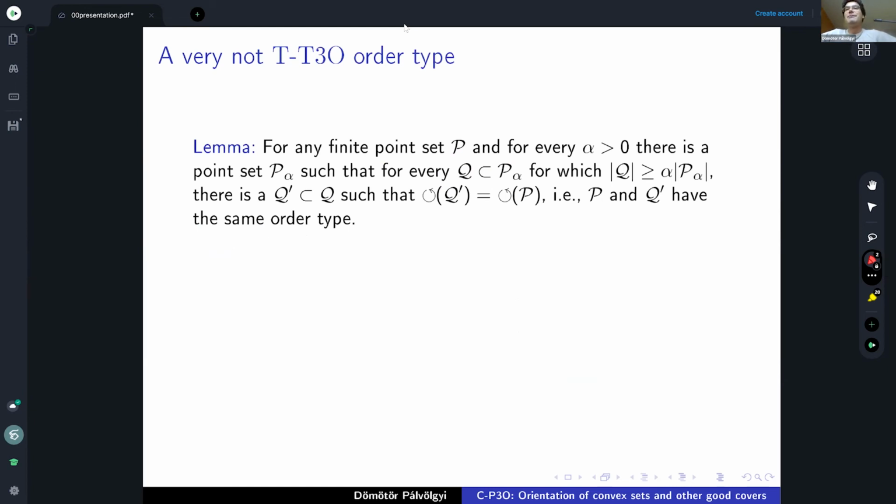For example, now there will be a very nice lemma that is not really related to the things that I talked about until now. So if you haven't been paying attention, this is a nice lemma to know.